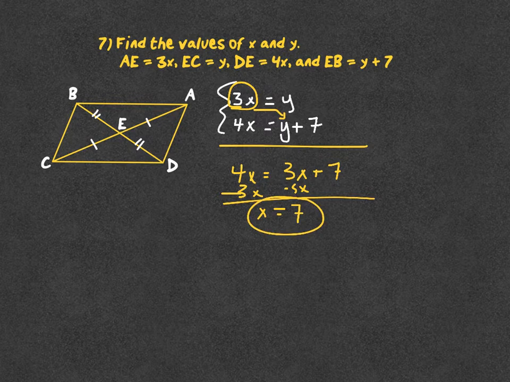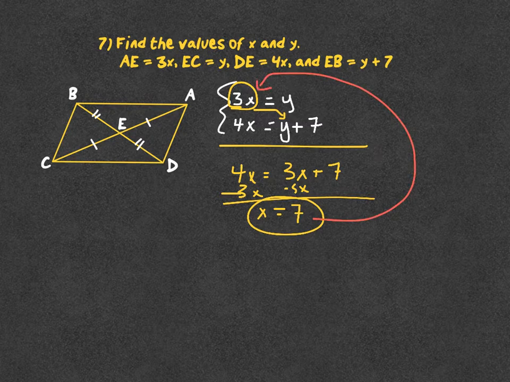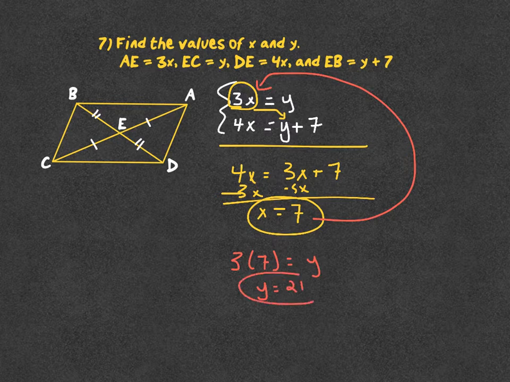Once you have x equals 7, you can plug it in for the x and find y. So 3 times 7 equals y, so y is equal to 21. And that is what you needed to solve for this. So x equals 7 and y equals 21.